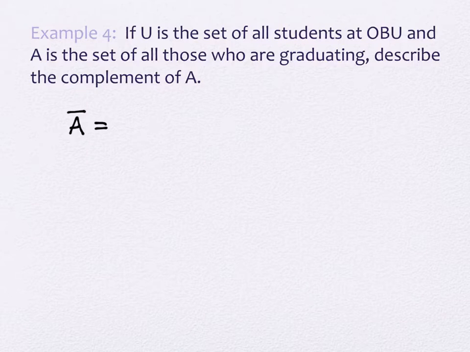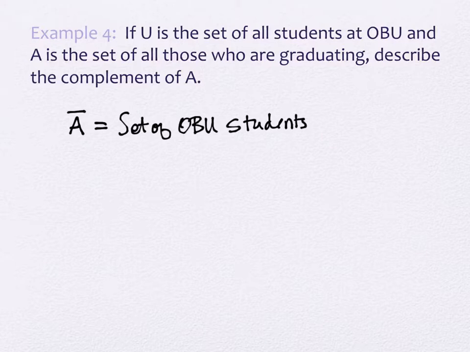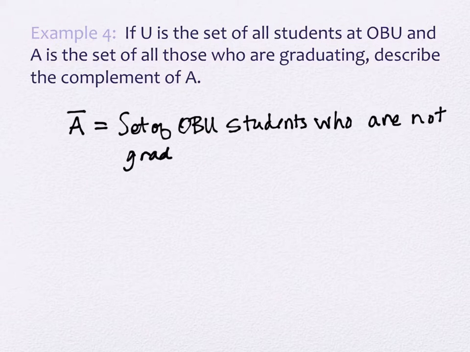I don't need to be quite that specific. We need the "at OBU" part. Yeah, so this is the set of OBU students. Somewhere in there has to be the OBU students part who are not graduating. You can include more detail if you wish, but this is sort of the bare minimum that we need. Set of OBU students who are not graduating.